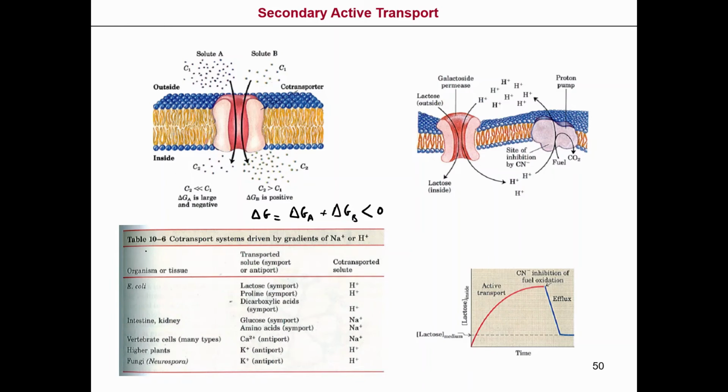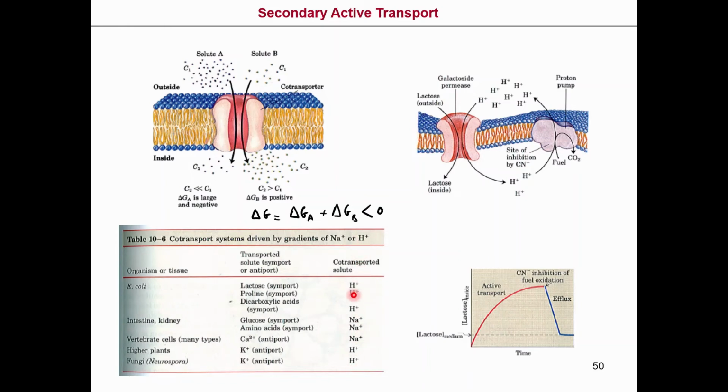Okay, so this is the way to allow the transport of B from a low concentration to a high concentration compartment. So you have in this table the co-transport system driven by the gradient of, usually, sodium or proton co-transport.